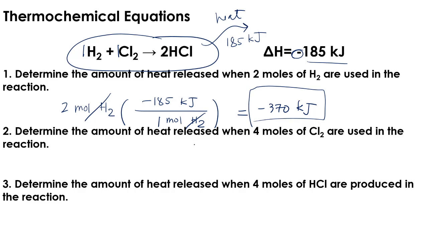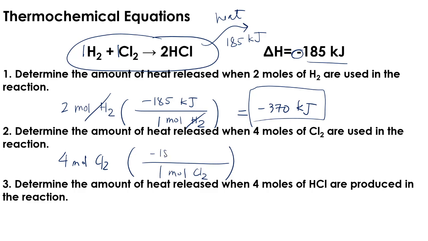Determine the amount of heat released when 4 moles of Cl2 are used in the reaction. So here 4 moles of Cl2. Then determine the amount of heat released. The same process. So moles of Cl2, sorry, this one is Cl2. And then here the coefficient is 1. And then for every 1 mole of Cl2, delta H is equal to negative 185 kilojoules.